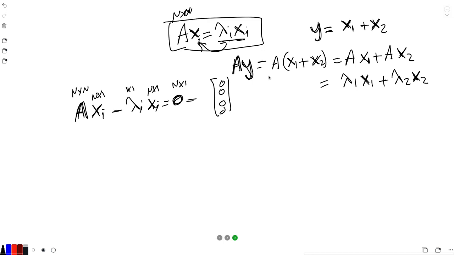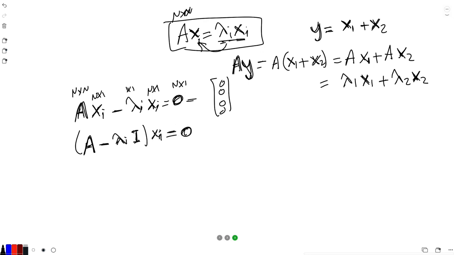If you take xi as a common vector here, we will have A minus lambda i times I, multiplied by xi, equal to 0.